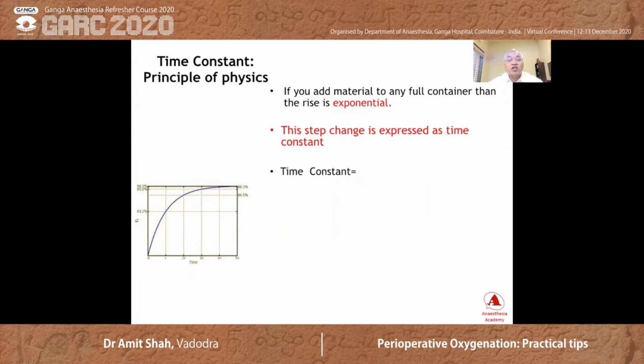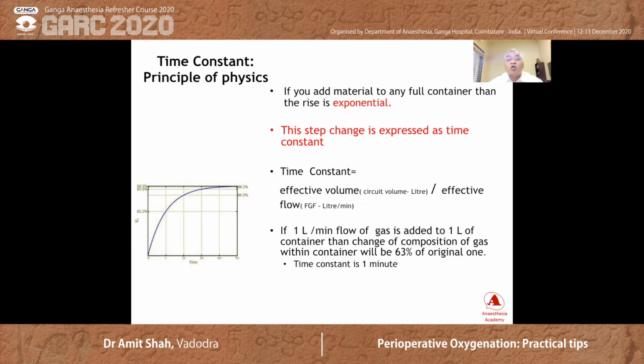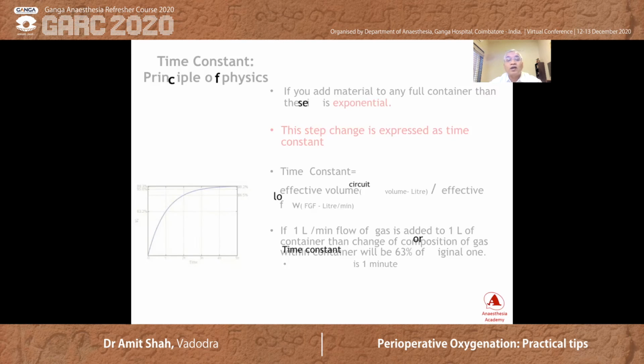The equation is effective volume upon effective flow, volume in liters, flow in liters per minute. That means if a flow of 1 liter of gas is added to a 1 liter container, then the change of composition of gas within that container is 63% of the original, not the entire volume. Only 63% will be replaced. This is called the time constant. When we have equal volume and equal flow, the time constant is 1 minute.